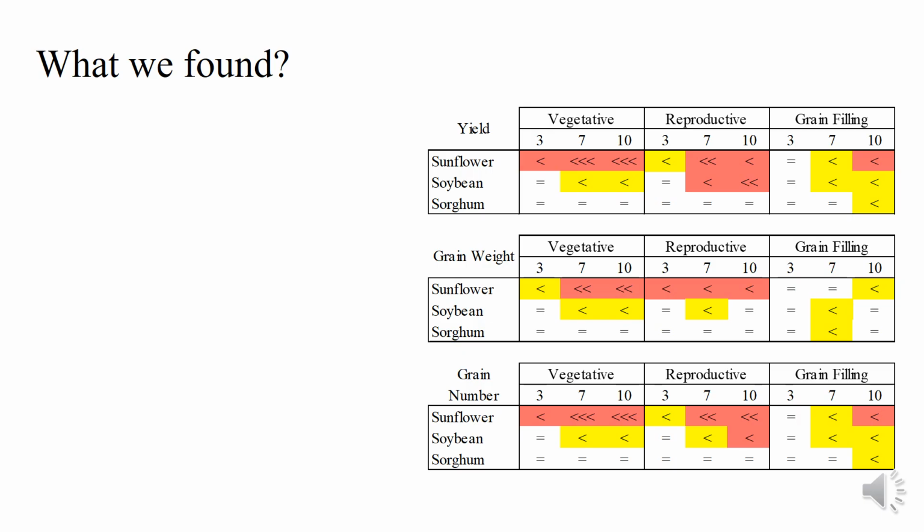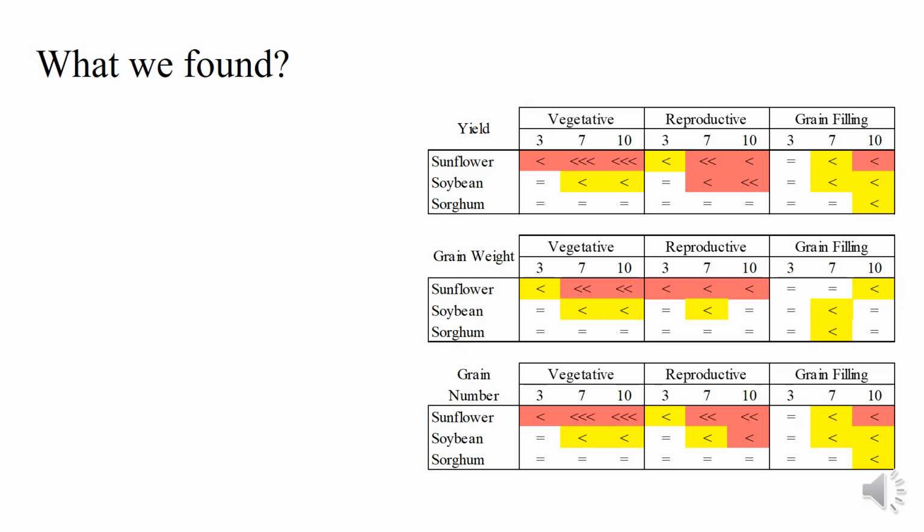To summarize this information, we created this table where we put all the information together for both experiments and all the years. We can see here that for every crop and for every moment and duration of waterlogging, we have 3, 7, and 10 days, the direction of the effect, and the strength.